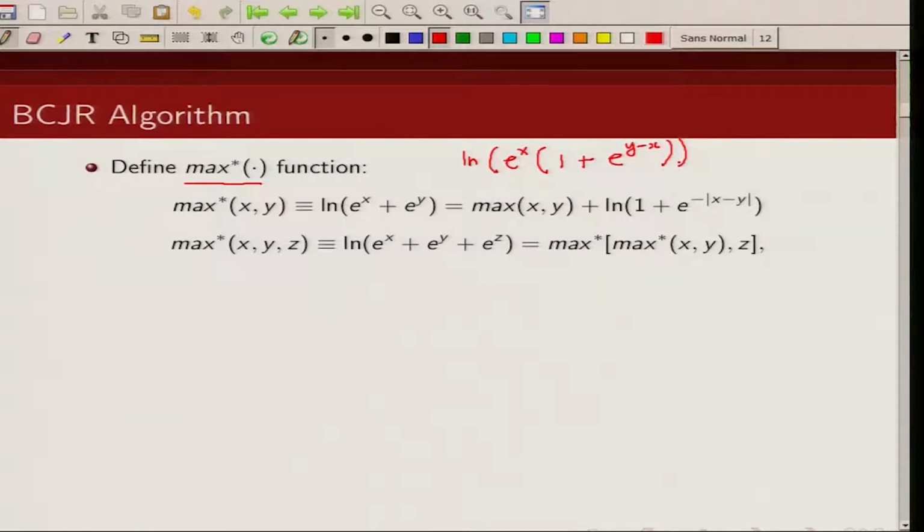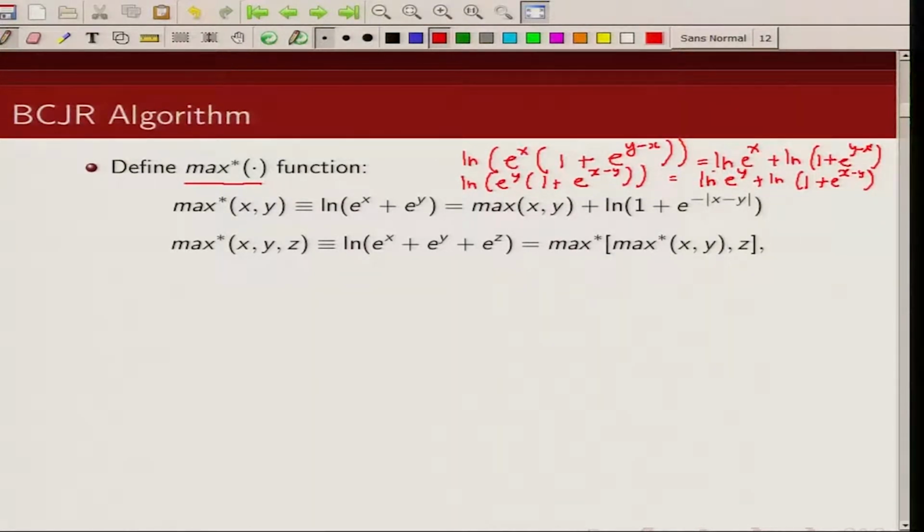Correct? Now, this can be written as log of e to the power x plus log of 1 plus e to the power y minus x. Or I can also write the same thing as log of e to the power y times 1 plus e to the power x minus y, which is log of e to the power y plus log of 1 plus e to the power x minus y.